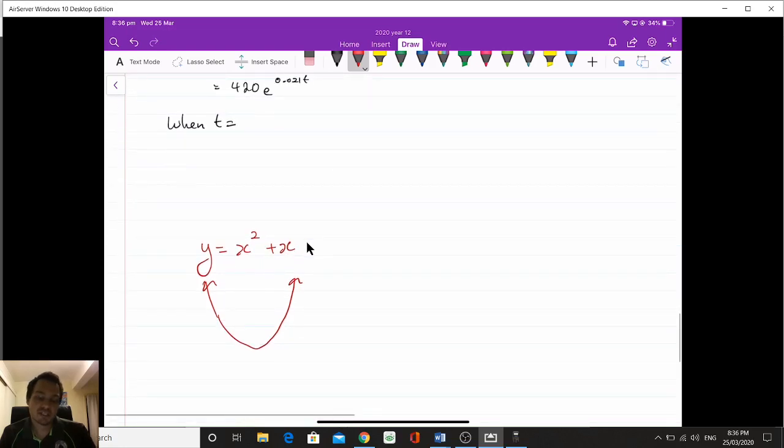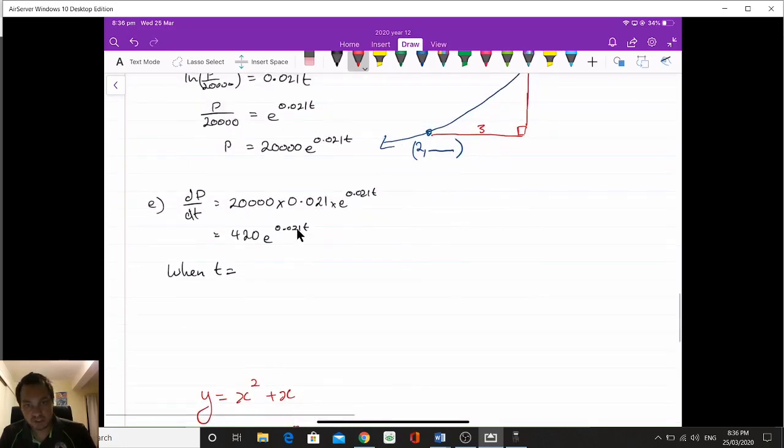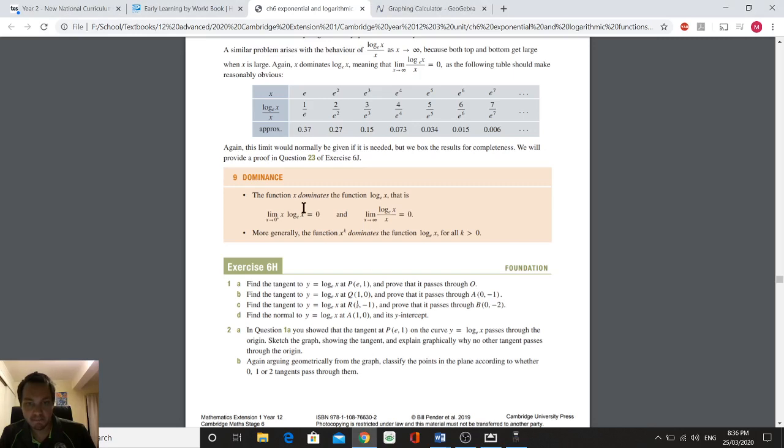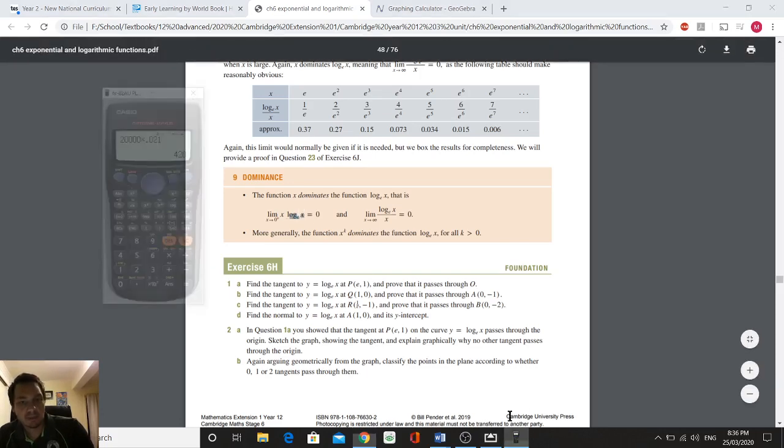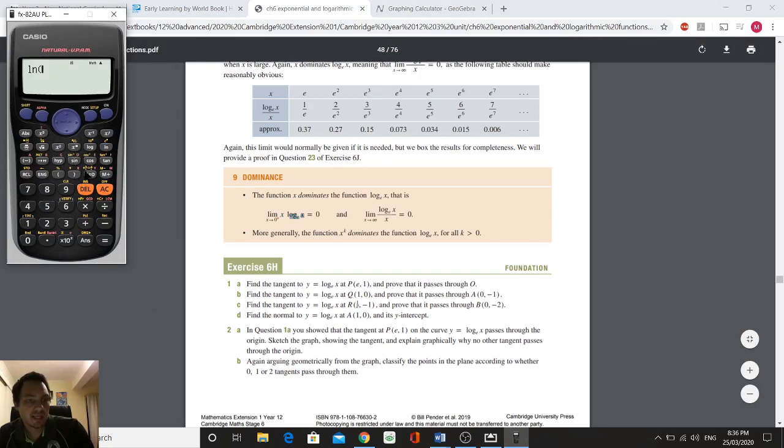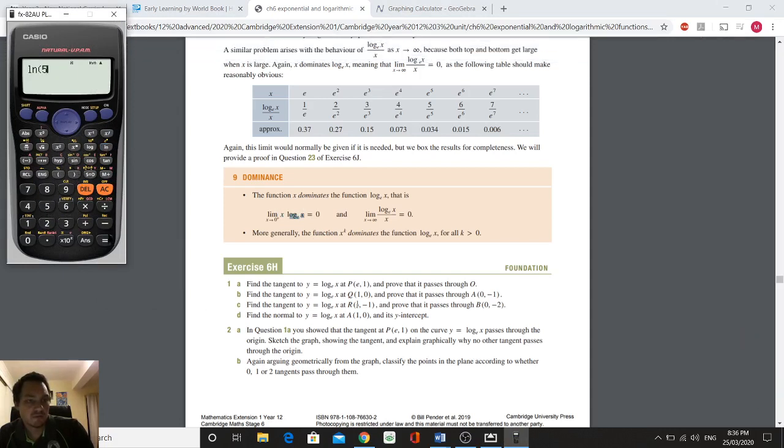And this is how we deal with our polynomials. So if x is a number like 5, then ln of 5 on my calculator is a smaller number than 5.